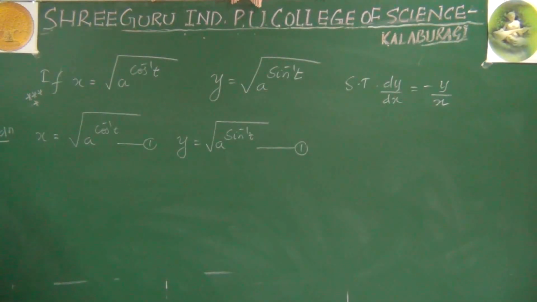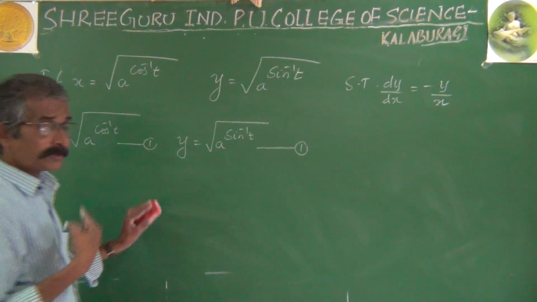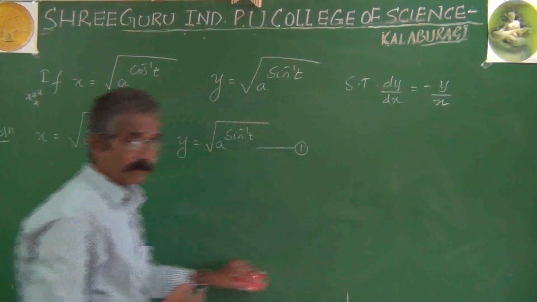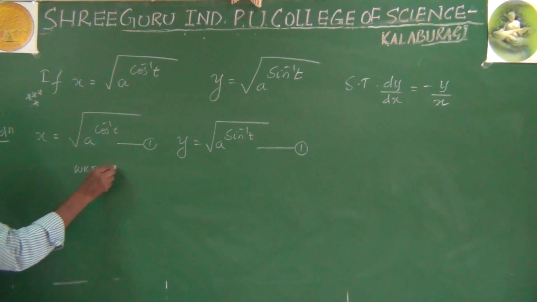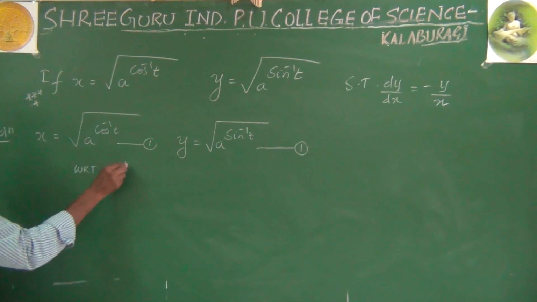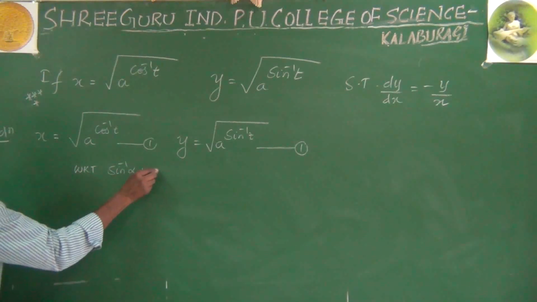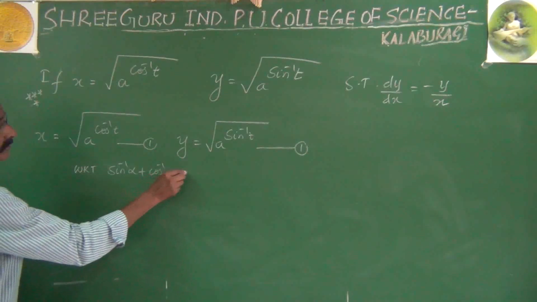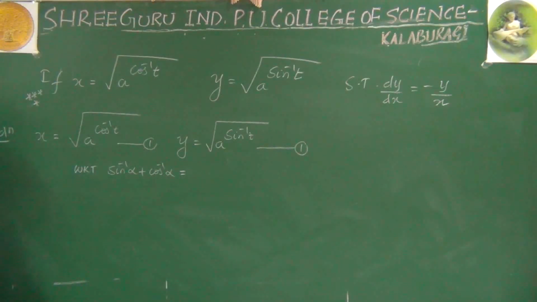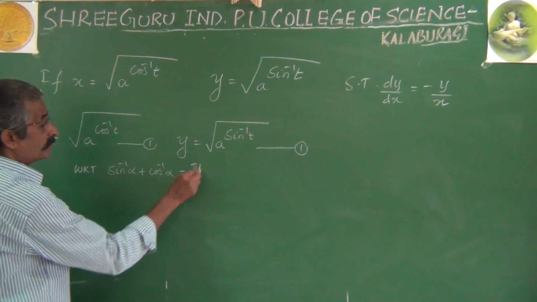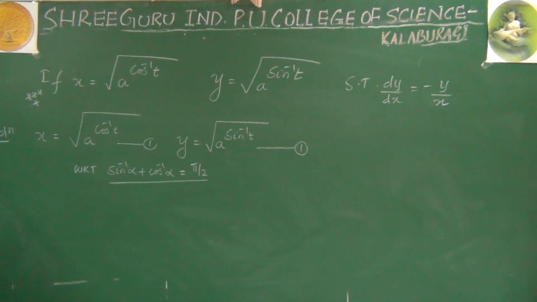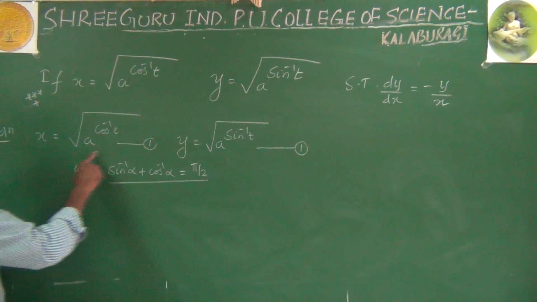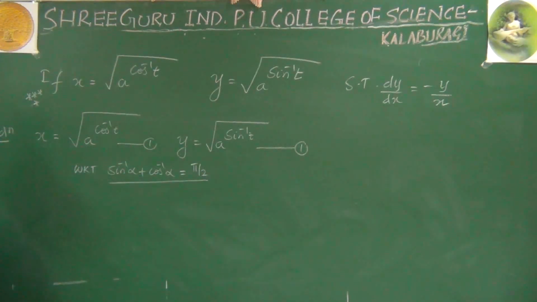In view of the formulas of inverse trigonometric functions, we know that sine inverse of alpha plus cos inverse of alpha always equals pi by 2. So because of this existing formula, we shall better multiply equations 1 and 2.